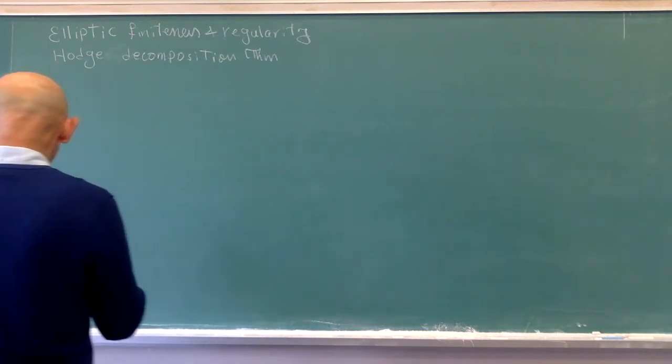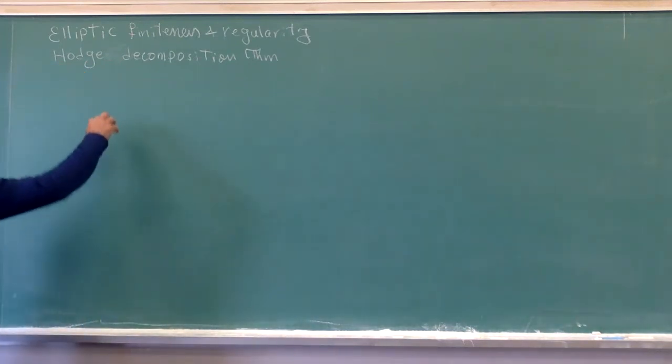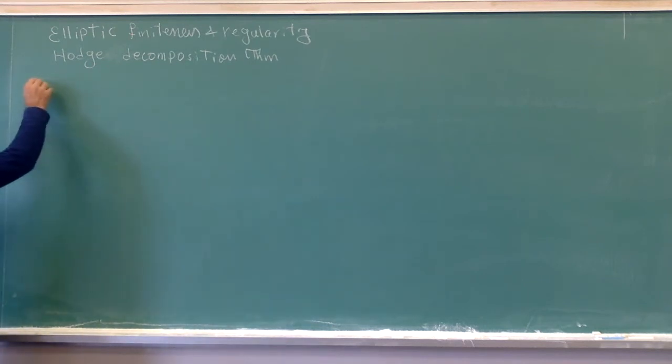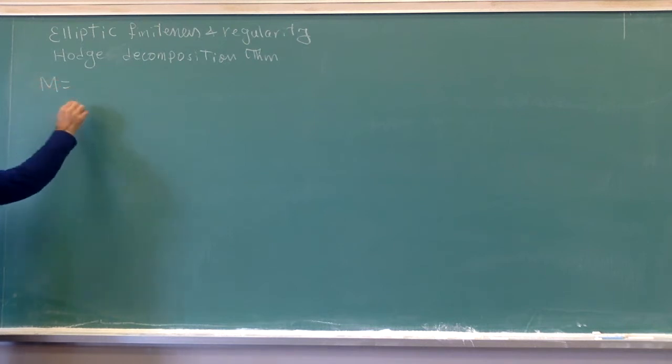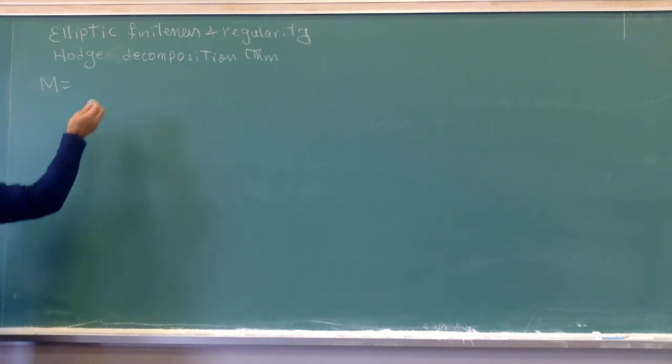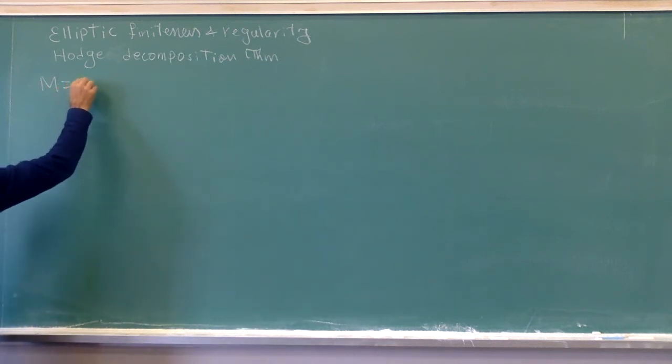So the first step is to move everything up to manifolds. For that, let's assume M is a compact manifold. Compact, I really mean closed, without boundary.